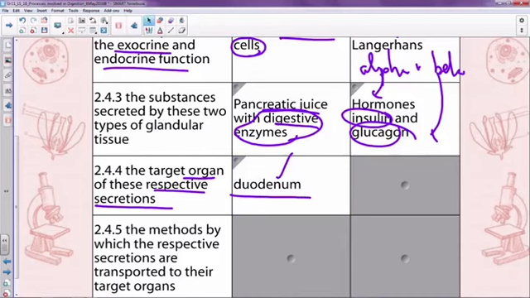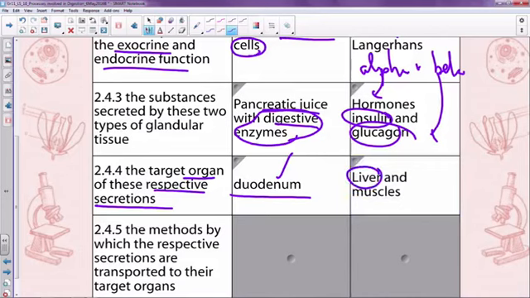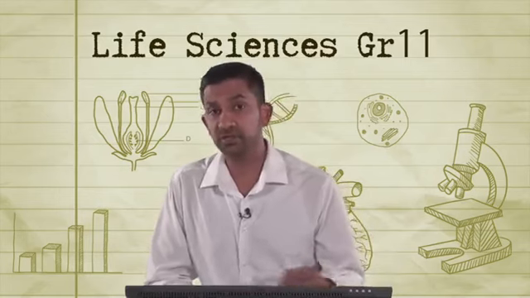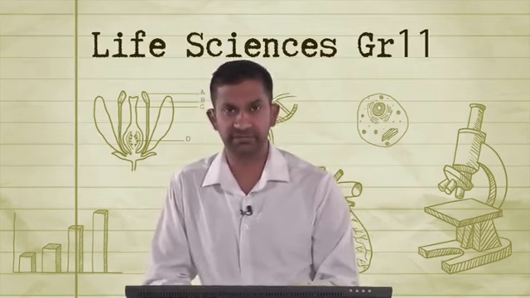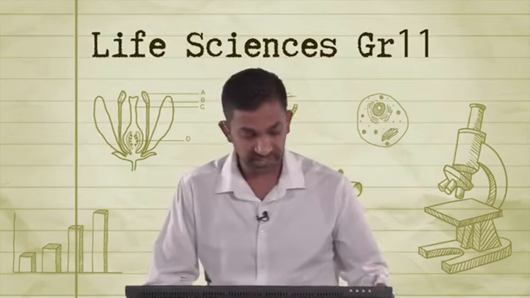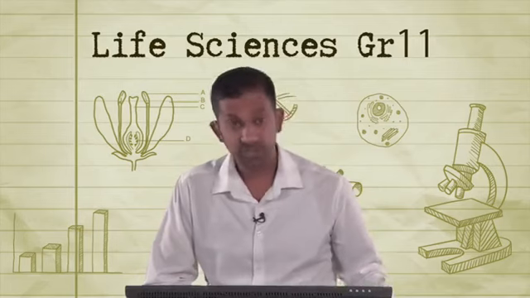However, when we look at insulin and the glucagon, these target the liver and your muscle cells, and will either convert excess glucose to glycogen, or in the case of glucagon, it will convert the stored glycogen back into glucose to bring the blood sugar levels back to normal. But more of that in next week's episode.